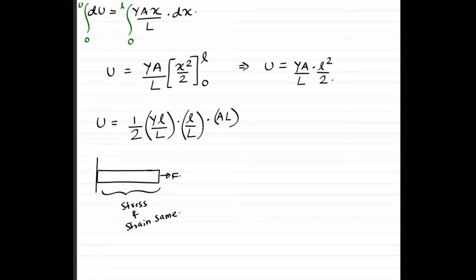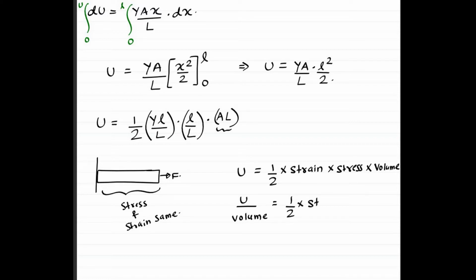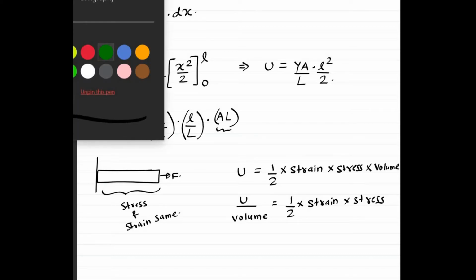So can I say this is, and A into L is nothing but the volume. So can I say total potential energy by total volume? This is nothing but energy density.